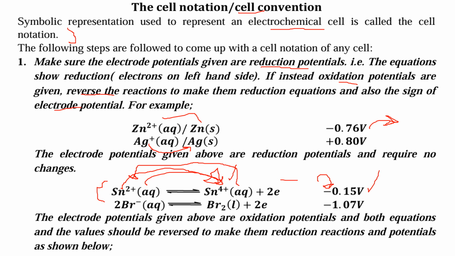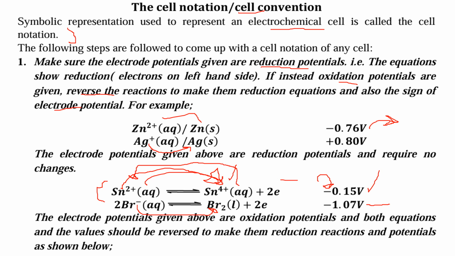If you look at the second equation, the oxidation state here is -1, and on the right hand side you have 0, and 0 is greater than -1. That means that to change it from an oxidation potential to a reduction potential, which we want for calculations, we have to reverse this equation.